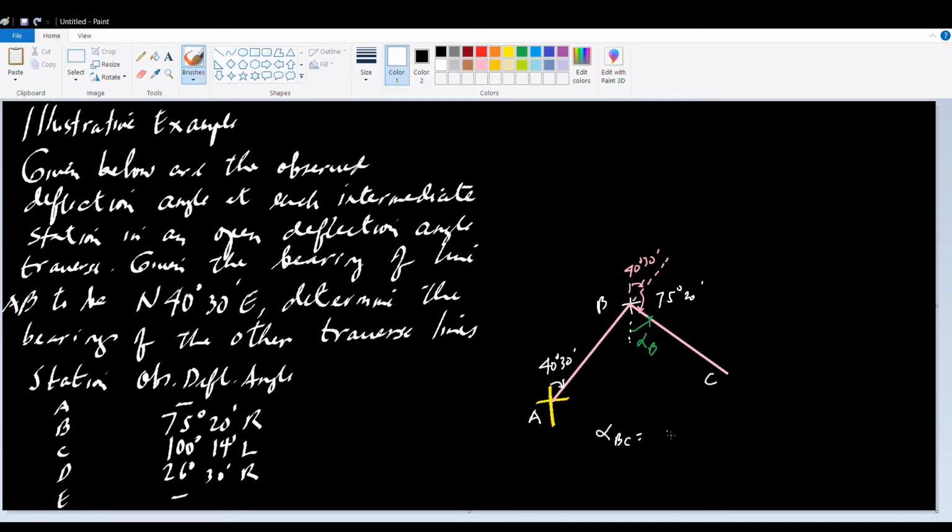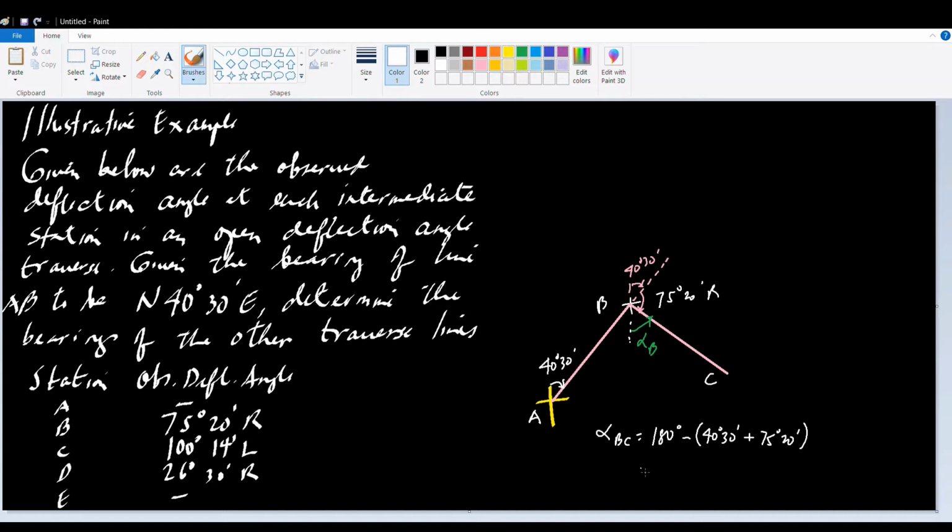And alpha of BC is simply 180 minus the sum of alpha of AB, which is 40 degrees 30 minutes, and the deflection angle of 75-20 in a clockwise direction.